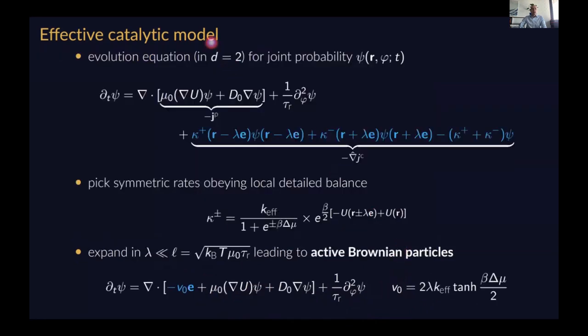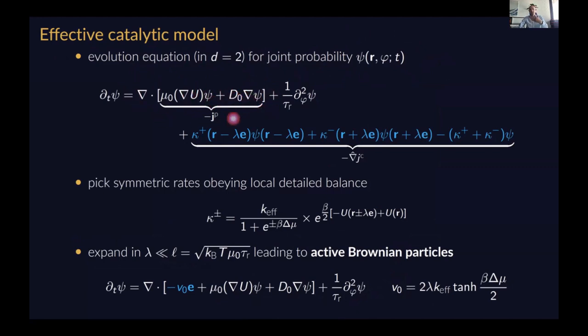And now you can take this model and transform it into an evolution equation for the joint probability distribution. We want to know the time evolution of this joint probability distribution, and the first terms that you find are well known. You get a drift term due to the external potential that this active particle is in. And then there is also the translational noise that gives rise to diffusion.